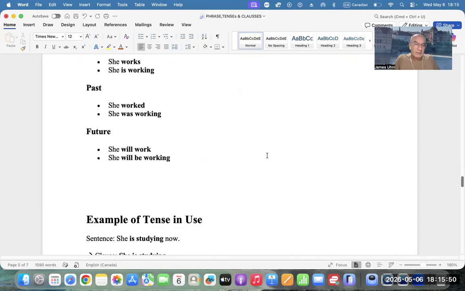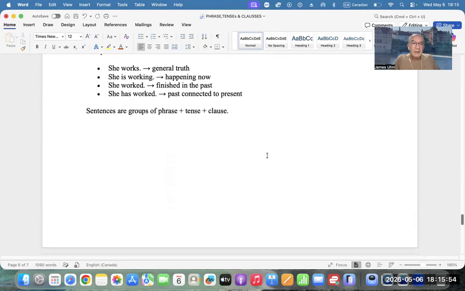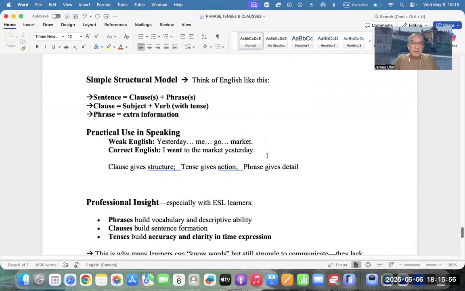Now, examples of tenses in use, they are here. I will talk about them later on because there is knowledge already recorded in the video earlier, and you had the option to study it a number of times. Now I will just explain a simple structural model.